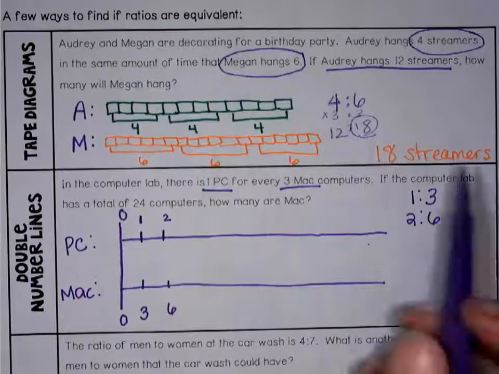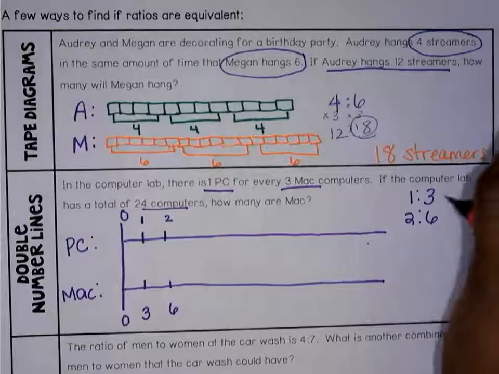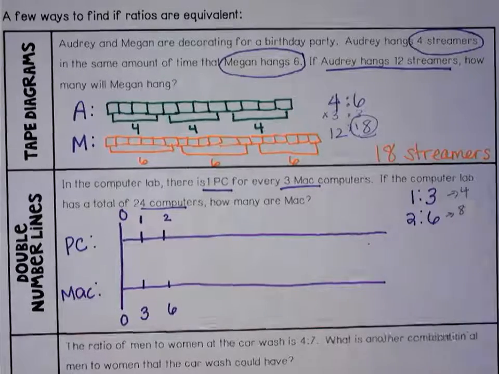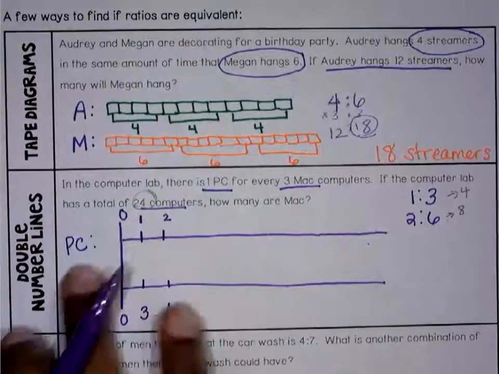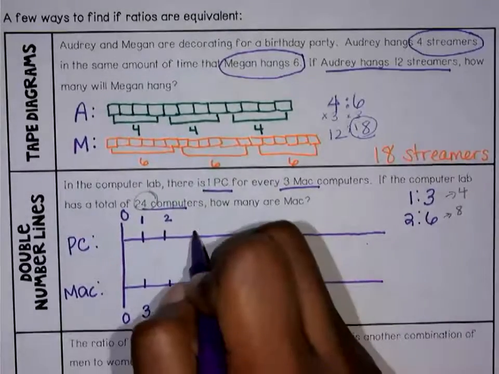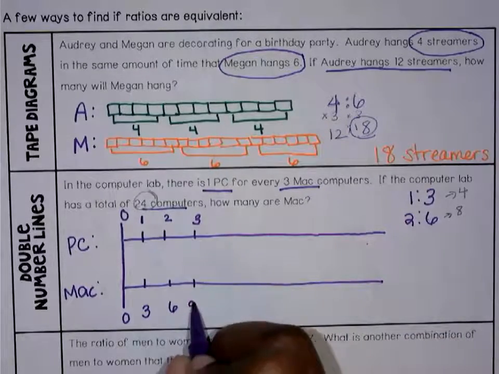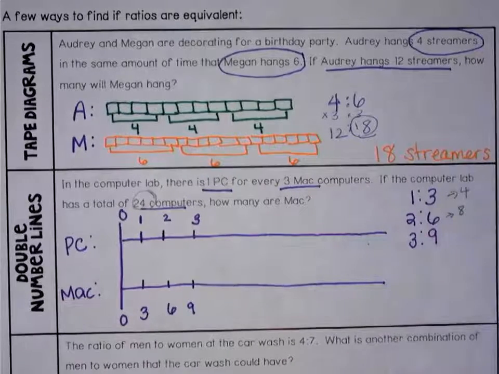Keep in mind, we're trying to get a total of 24. So when you add those 2 right there, that's 4 computers total. If you add 2 and 6, that's 8 computers. We have to get all the way to 24. So if we keep going, if there was 3 PCs, there would be 9 Macs. 3 PCs, 9 Macs.